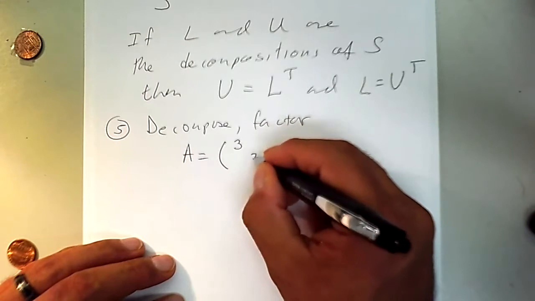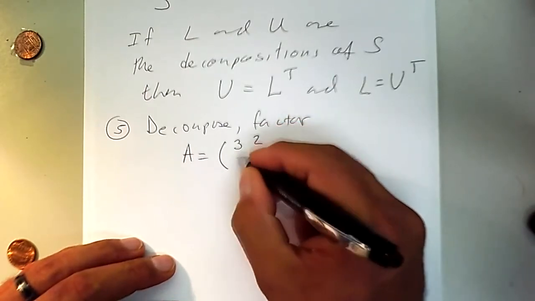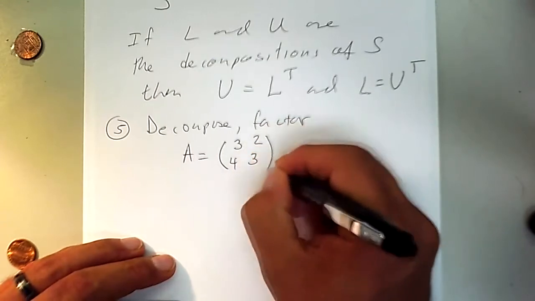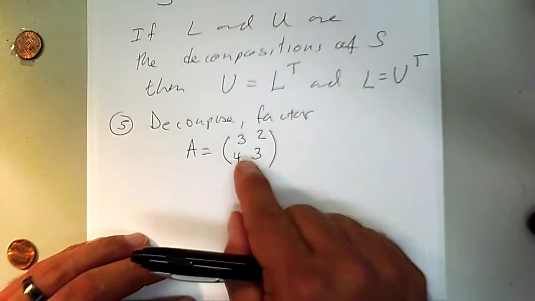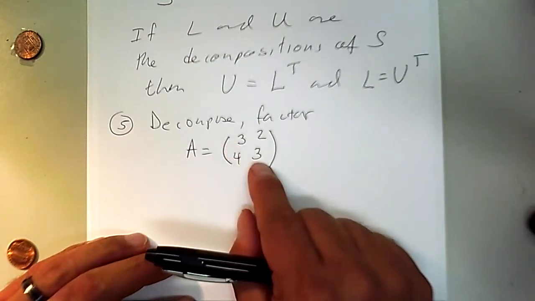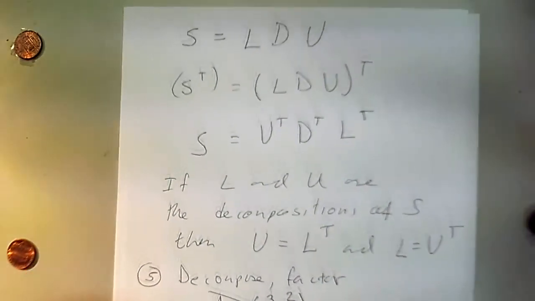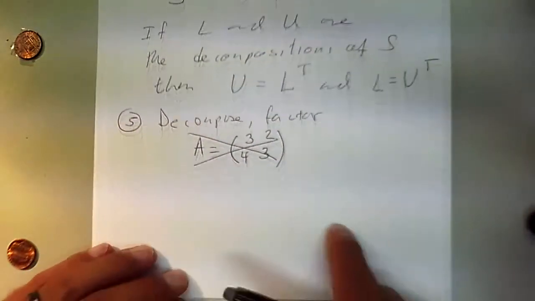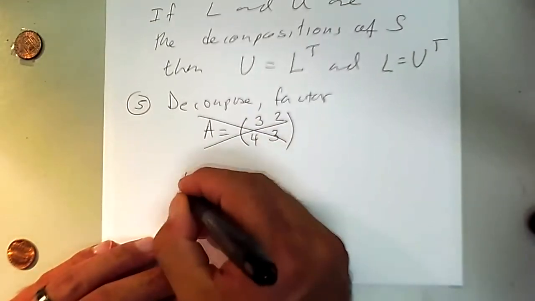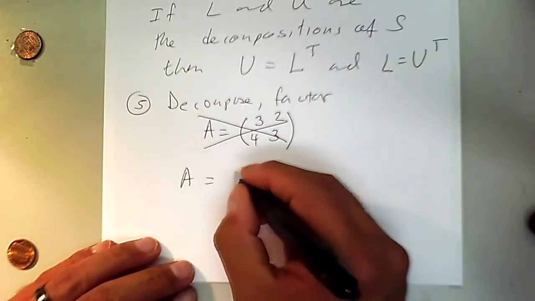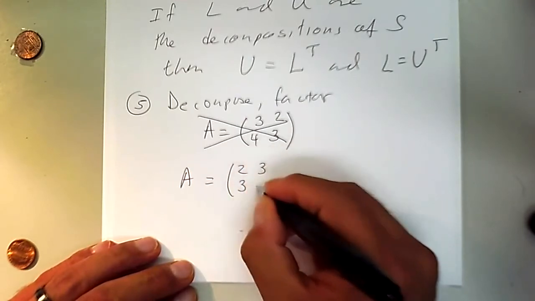Let's put 2, 3 diagonally, 2 and a 4. Okay. And we want to, oh, wait a minute. Wait. This is not symmetric. Whoops, bad example. Let's cross it off, because the example I want to show has to be symmetric, and that is not symmetric. So let's do it the other way. Let's put the 3s on the sides, 2 and 4.